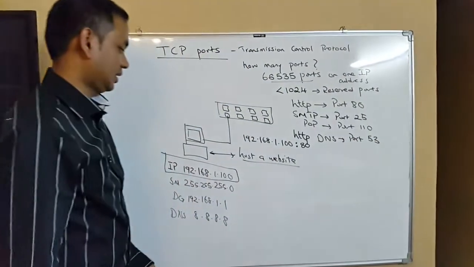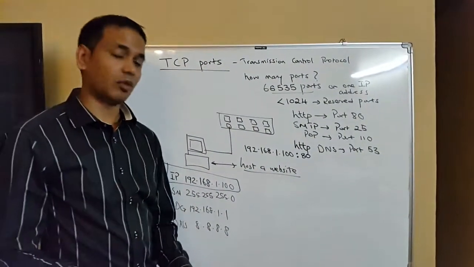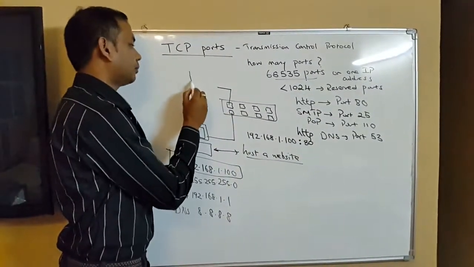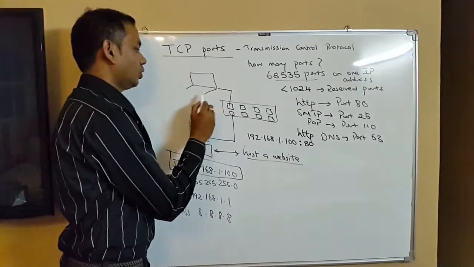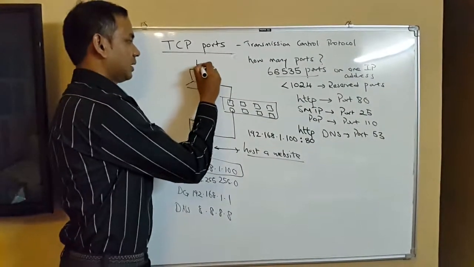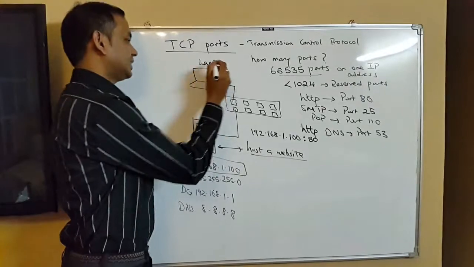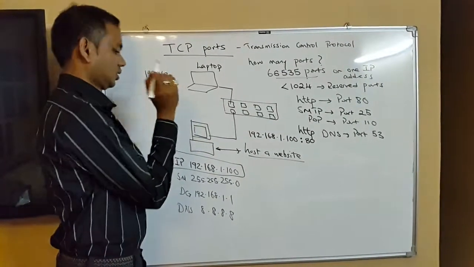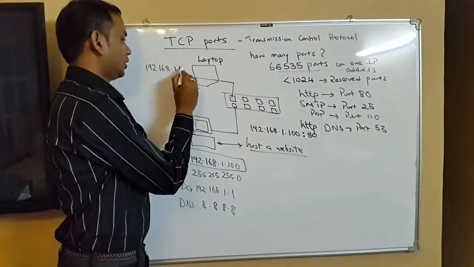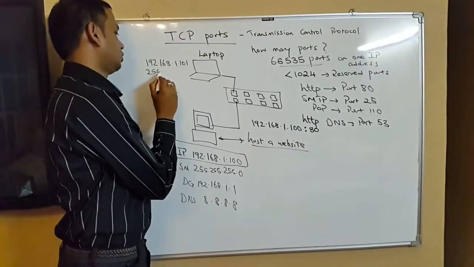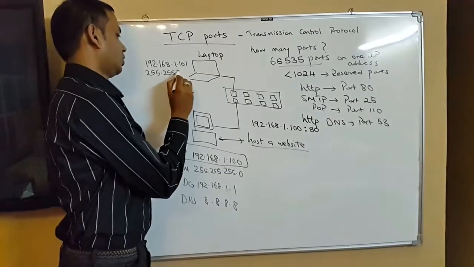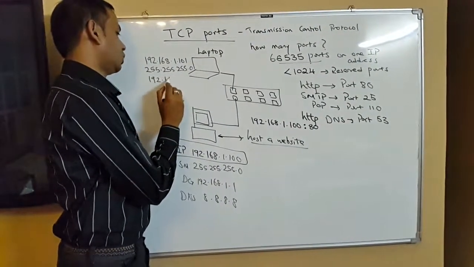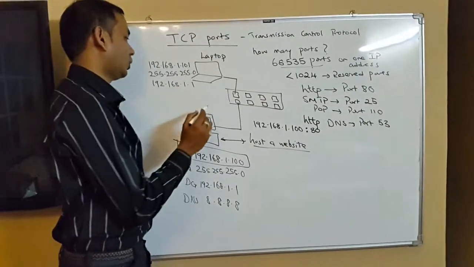To better understand the concept of ports, for example, now I have a PC here, a laptop connected on the same network. This laptop has an IP address of 192.168.1.101, 255.255.255.0, and the gateway is 192.168.1.1.